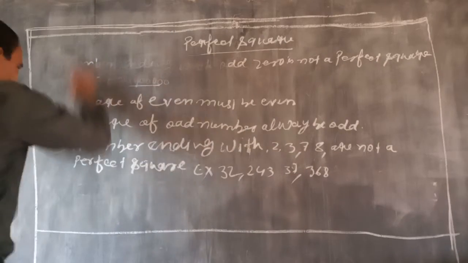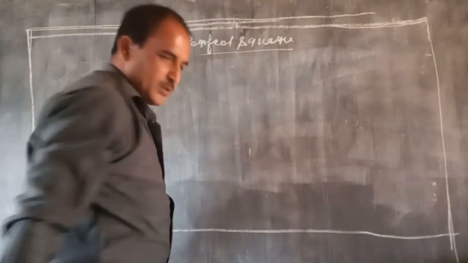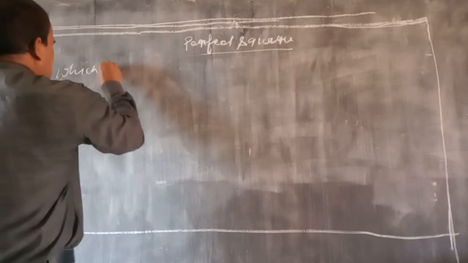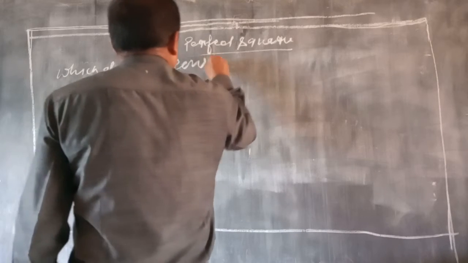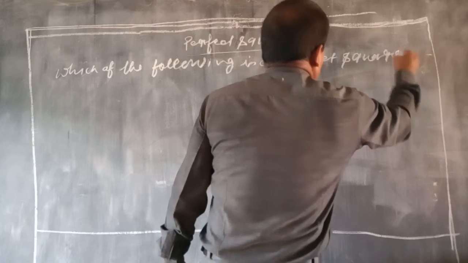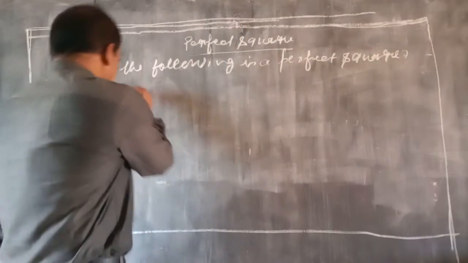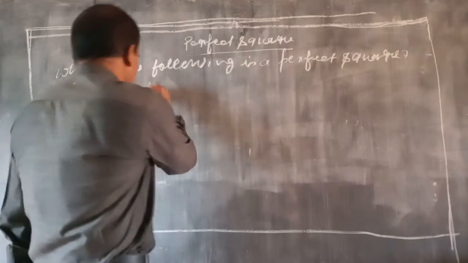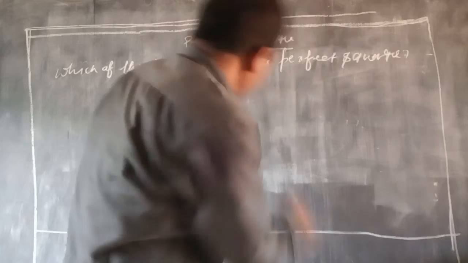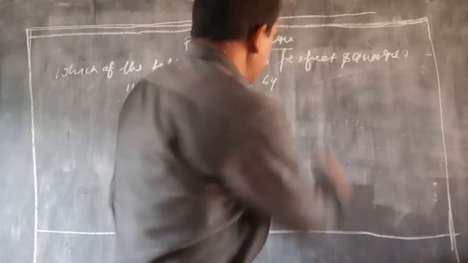You have to find the easy way. The numbers given here are 11, 16, 32, 36, 50, 64 and 75.